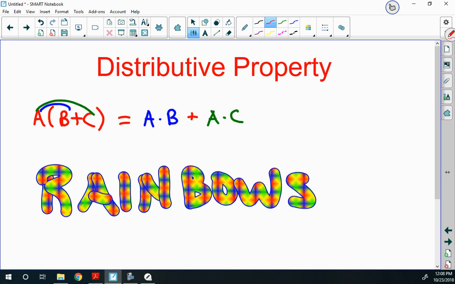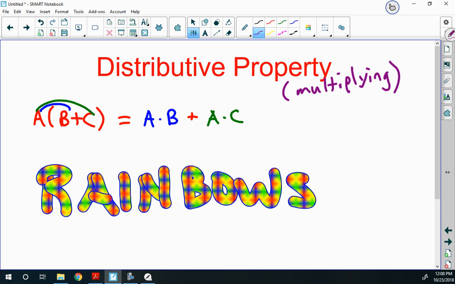The thing about the distributive property is that it really involves multiplying. Anytime you use the distributive property, what you're really doing is multiplying. You're just multiplying rainbows. Roy G. Biv: red, orange, yellow, green, blue, indigo, violet.